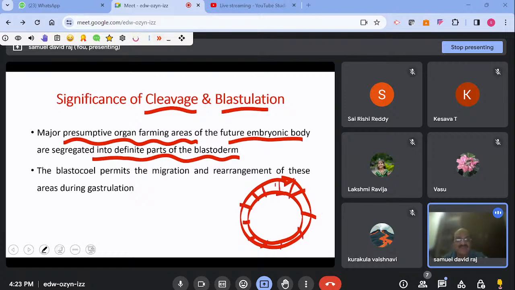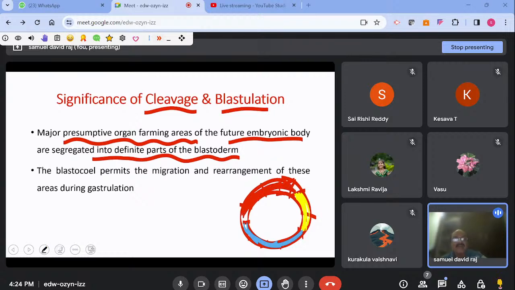In the first class, we discussed triploblastic animals. That means some of the cells are destined to form endoderm. These cells form into endoderm. Some of the cells are destined to form mesoderm. These cells form into mesoderm. And the remaining cells form ectoderm.